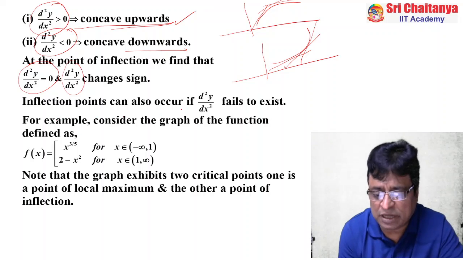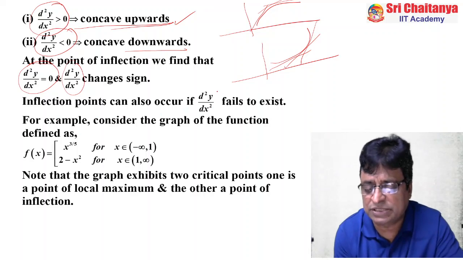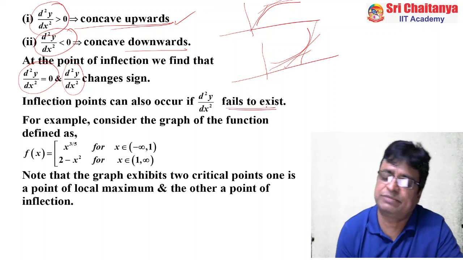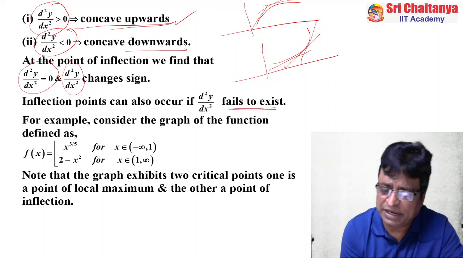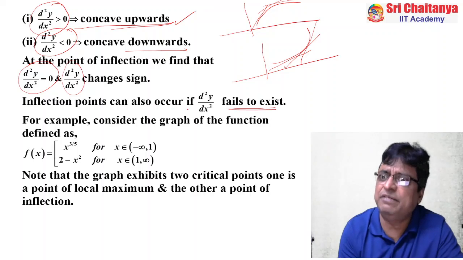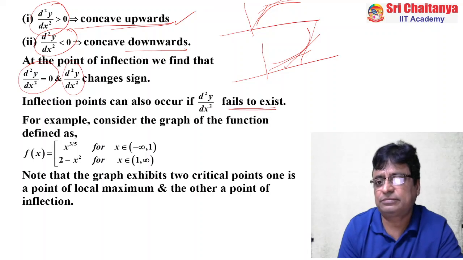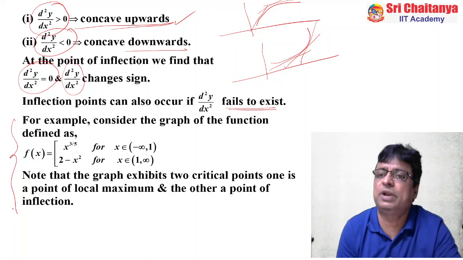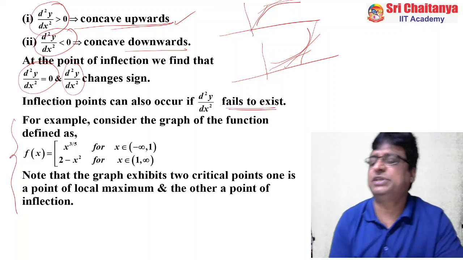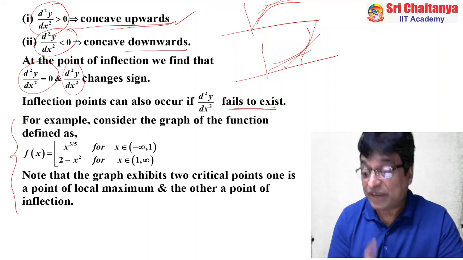Point of inflection can also occur if d square y by dx square fails to exist. This I already told. On this one line, this is the best example where the second derivative fails.